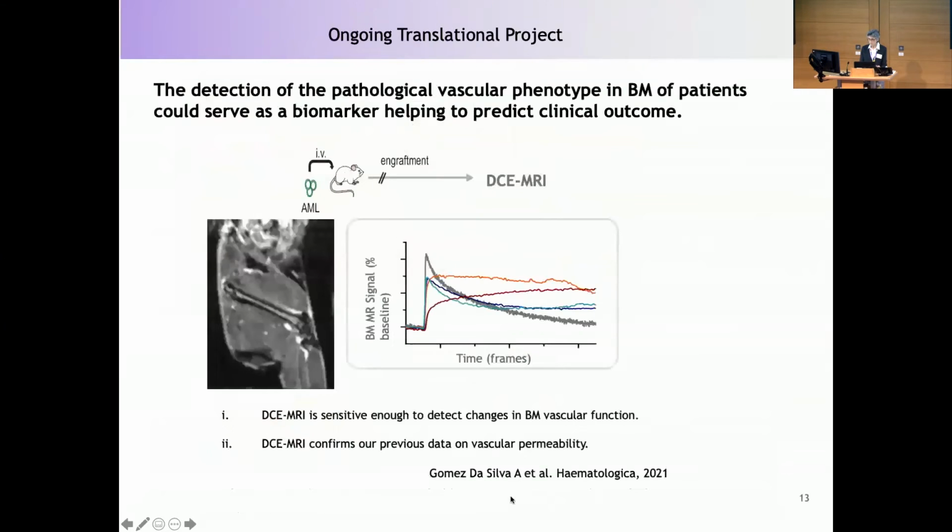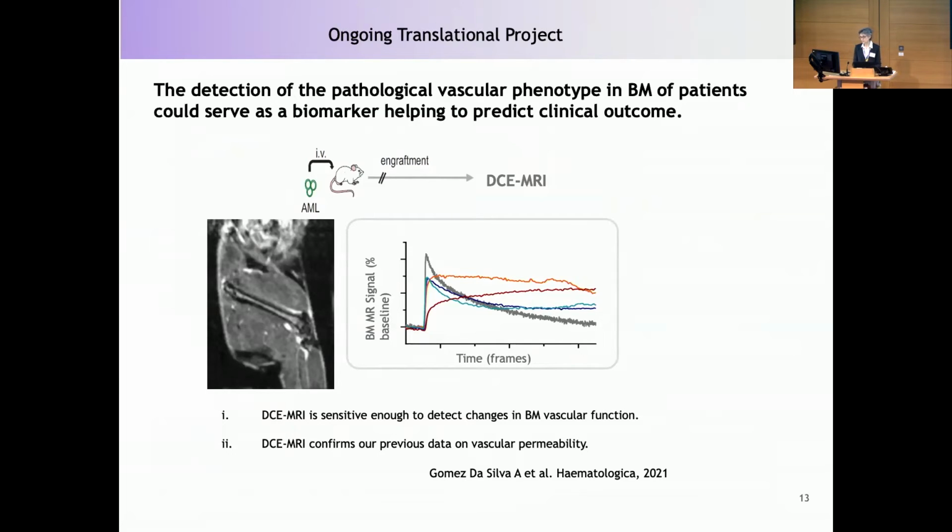So based on that, we were very interested to see whether we can translate, as Rob said. Even though we're using patient samples, we're also using a mouse model, so sometimes it's not very evident that this will happen in patients, even though nitric oxide was increased in the bone marrow of these patients. So there we looked into whether we can have techniques that will allow us to look at vessel permeability in patients with AML at the clinic.